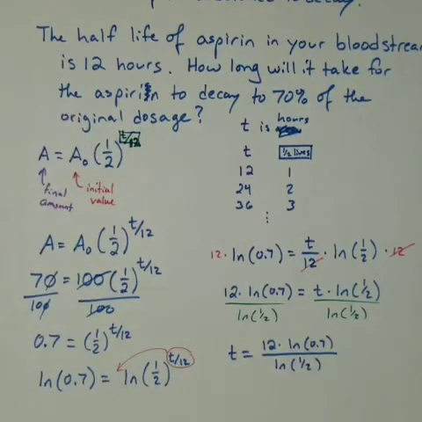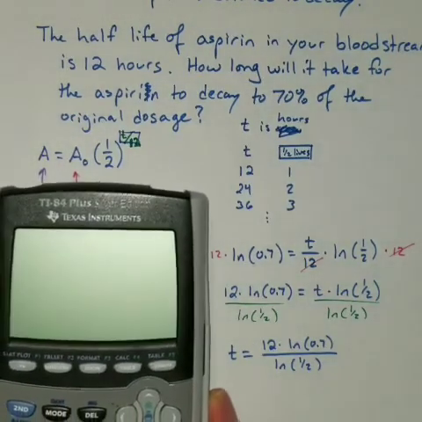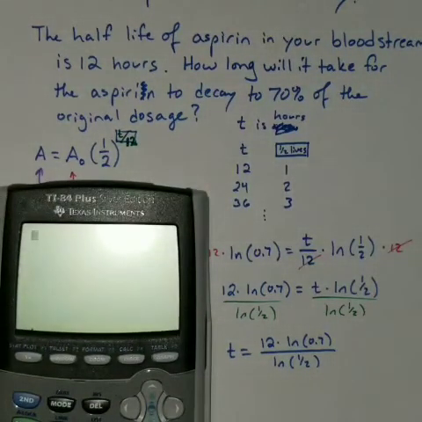Now, if I want to find the actual number of hours, I just take that over to my calculator and type it in. 12 times natural log of 0.7 divided by the natural log of 1/2.